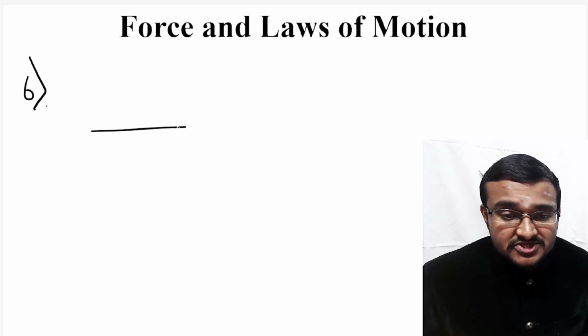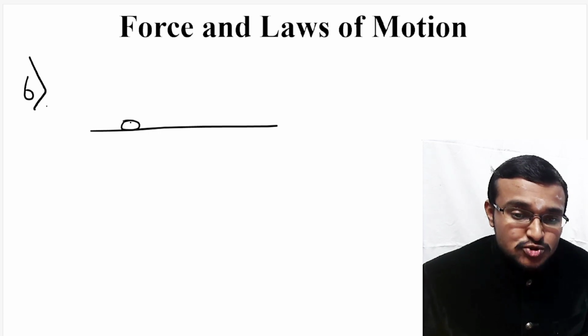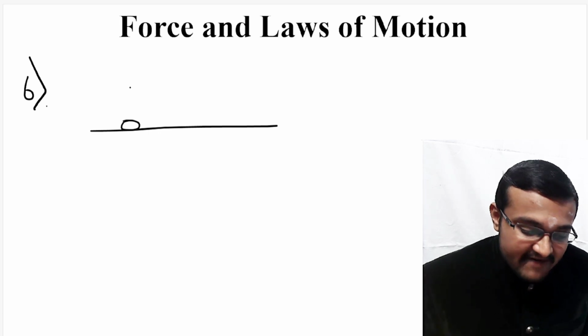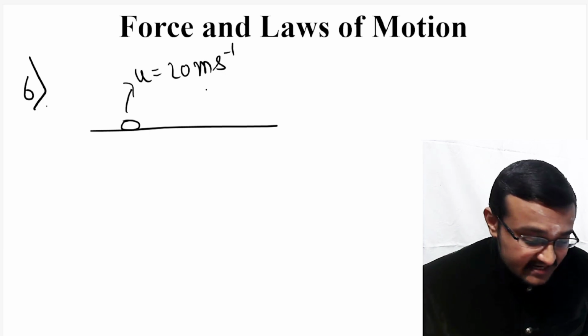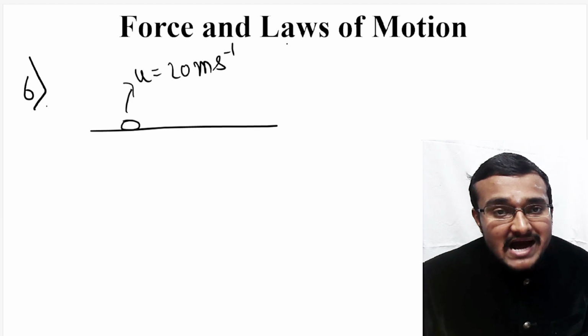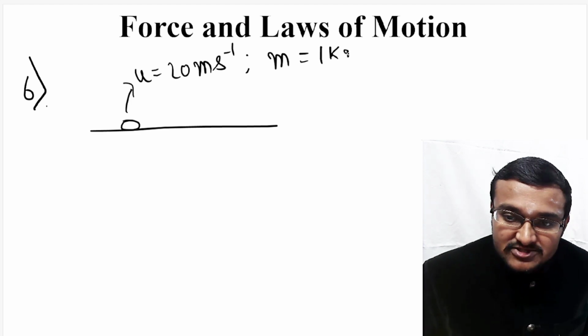Coming to the sixth question, there is an ice glacier, and on this ice glacier a stone is thrown. Initially this stone has velocity 20 meter per second. So here they have given initial velocity equal to 20 meter per second, and the mass of this stone is 1 kg.